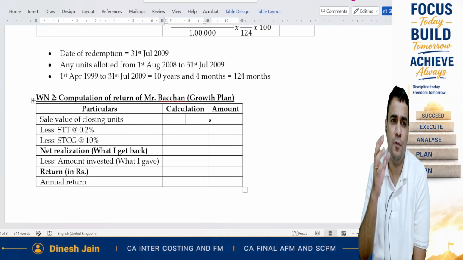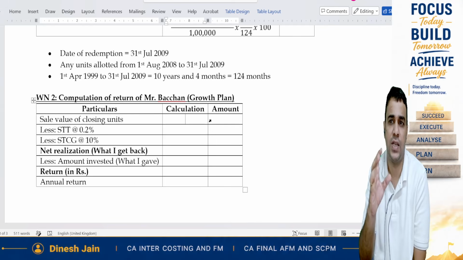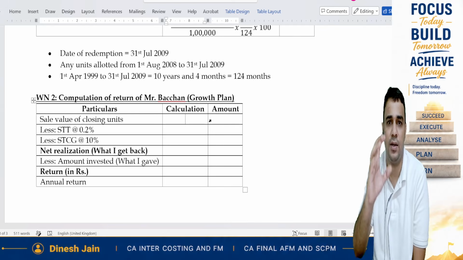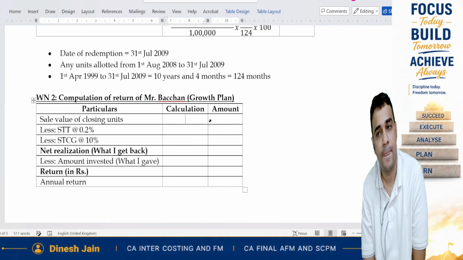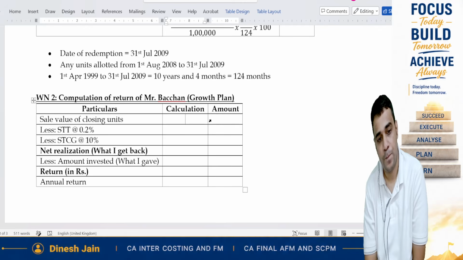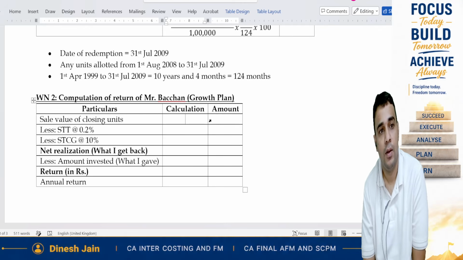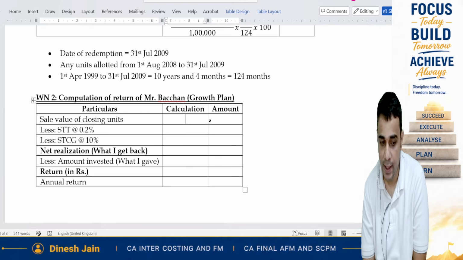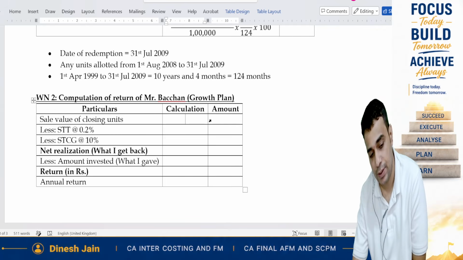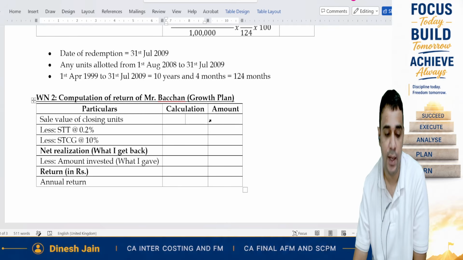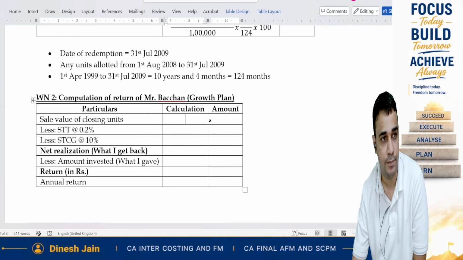Whichever problems you do, try to standardize the answer so that it becomes easier from an exam point of view. Sale value, STT, STCG, net realization, amount invested, return in rupees, annual return.